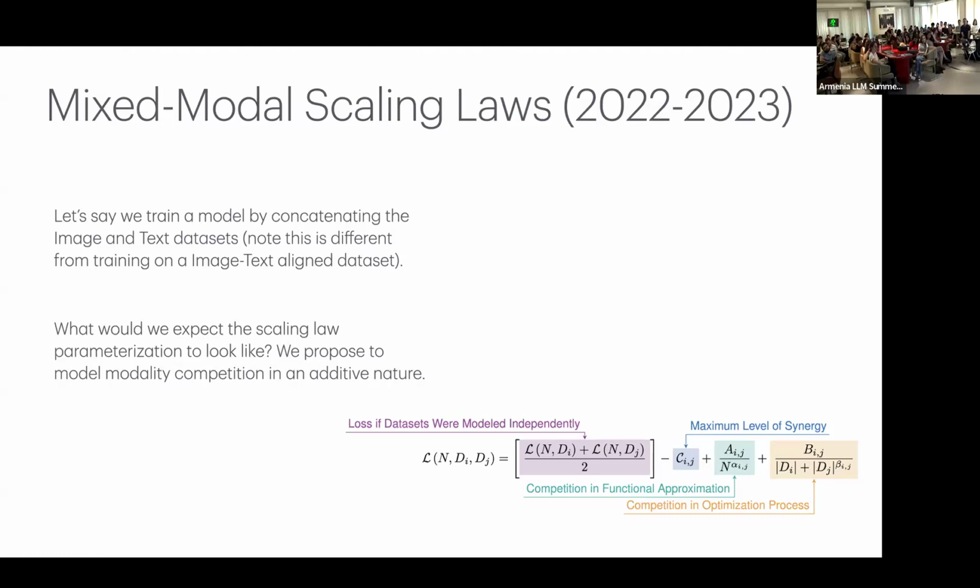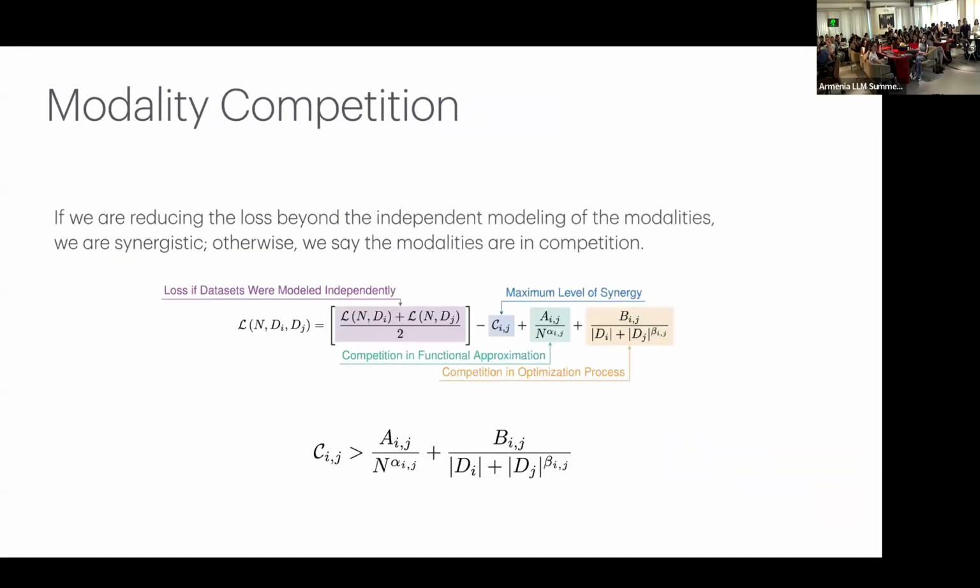There's going to be some functional approximation errors, just because our optimization or our model is not optimal. And there's going to be some issues with the optimization as well. And the main thing we said is that the issues from the optimization are in some way additive across the different data sets. Again, super arbitrary, but it modeled the data somewhat well, so we stuck with it.